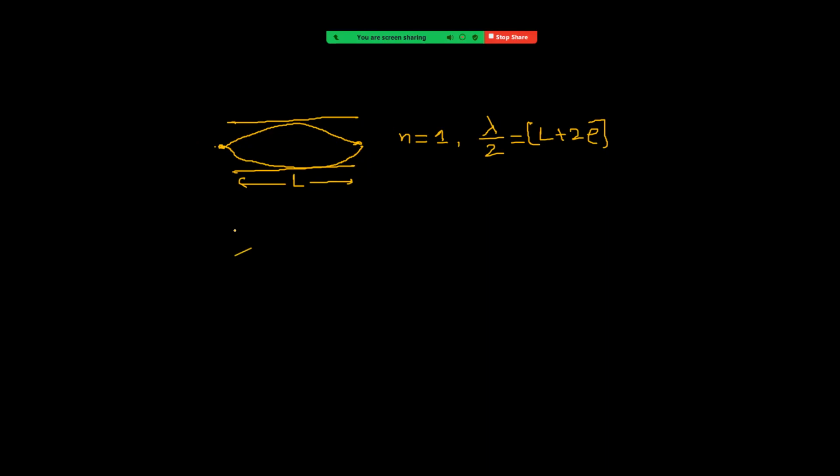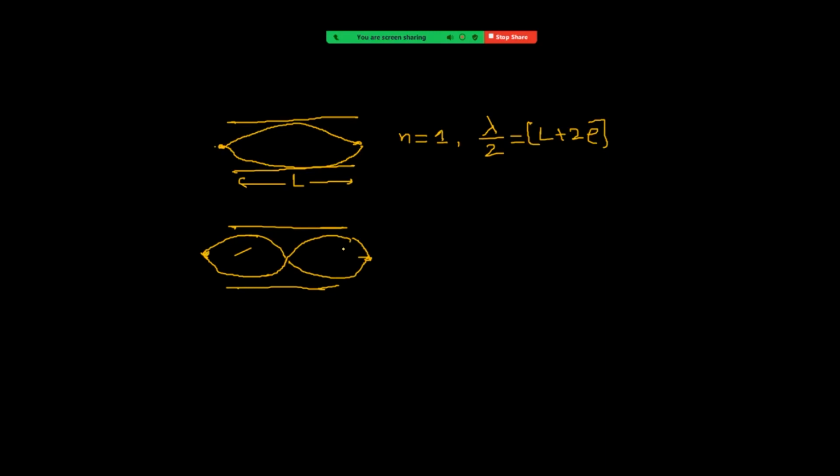If you take the next harmonic, then we are going to get two complete loops, same as a string fixed at both ends. The diagram we have to make properly. It is like this, okay?